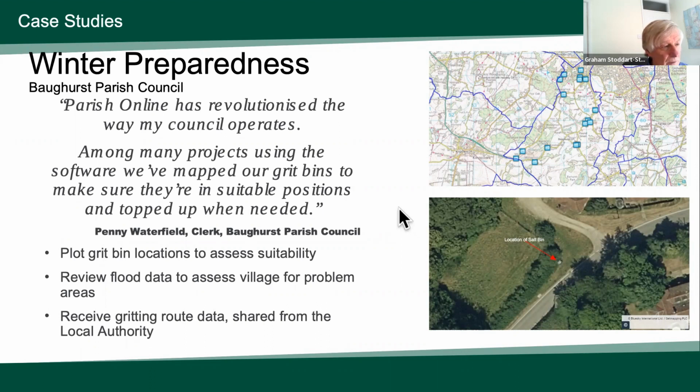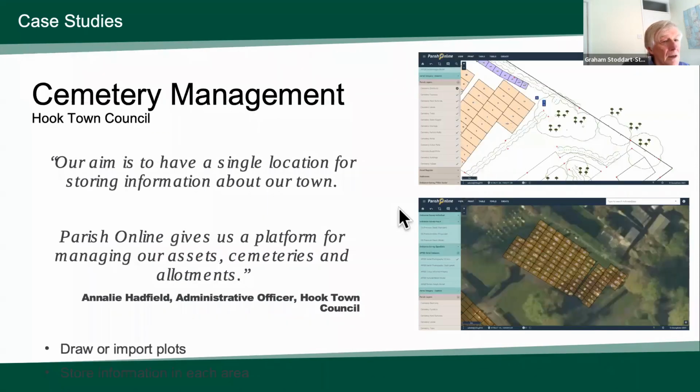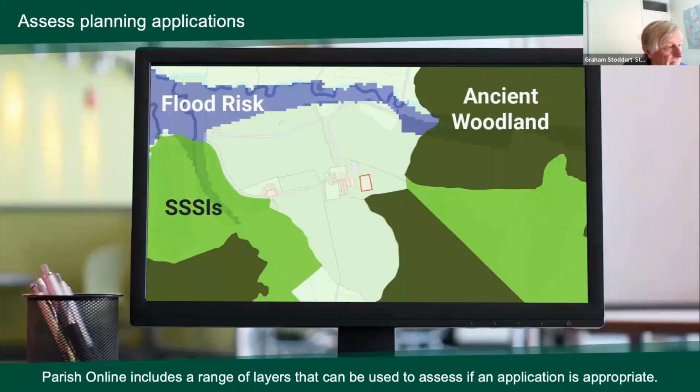They don't spend time looking for it. Cemetery management was very important at the start of COVID because the government suddenly realized it had no idea if there was enough space in the country's cemeteries to put all the bodies that might have come out of the pandemic. We did an exercise in Parish Online, and the answer very soon came out that there's plenty of room. So that removed that headache, but it's very useful for that sort of information.